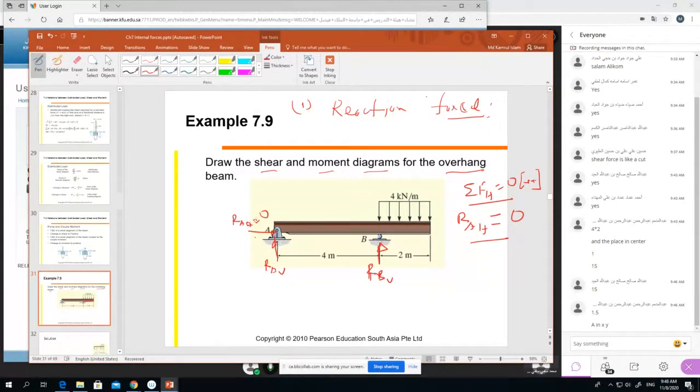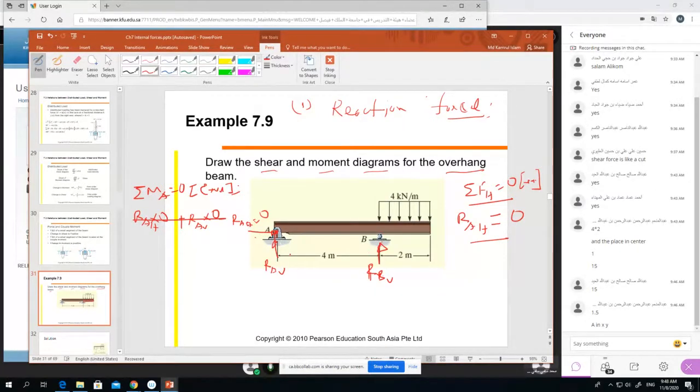Now if we take the moment at point A, RAV is at the point, so it will be 0, and RAH will also be 0, because they pass through this point, so we can cut them out.